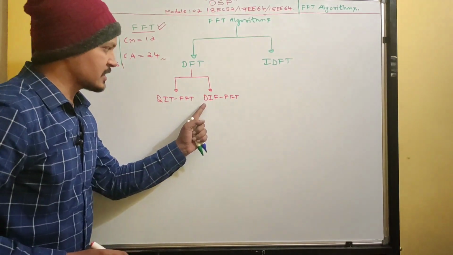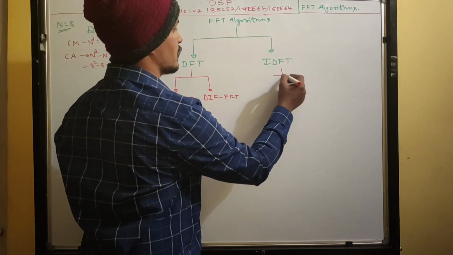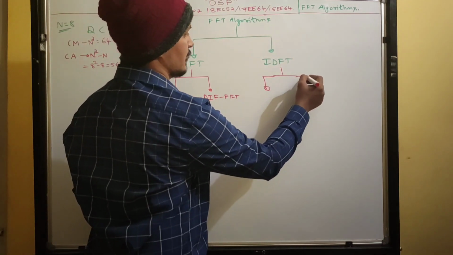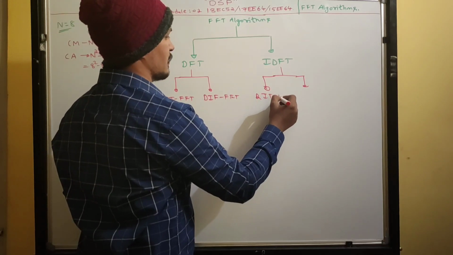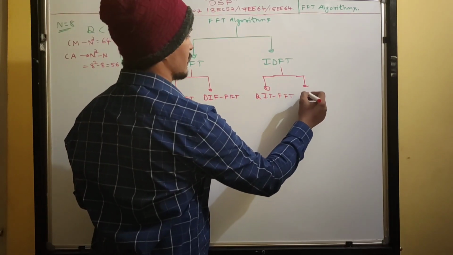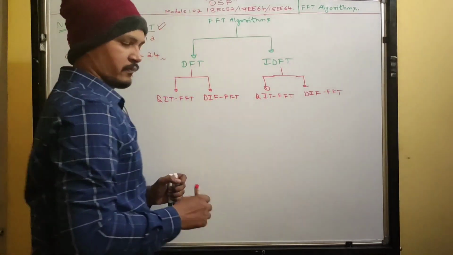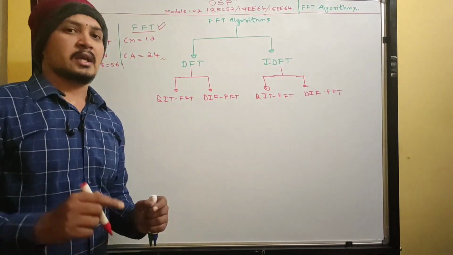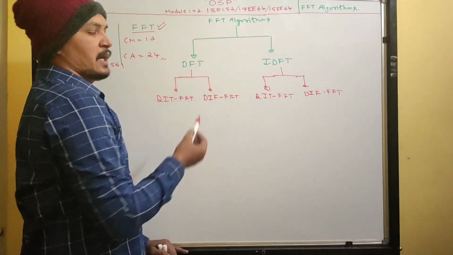DIF means decimation in frequency. The same steps we also follow for IDFT. So here we have two methods to compute DFT and IDFT.